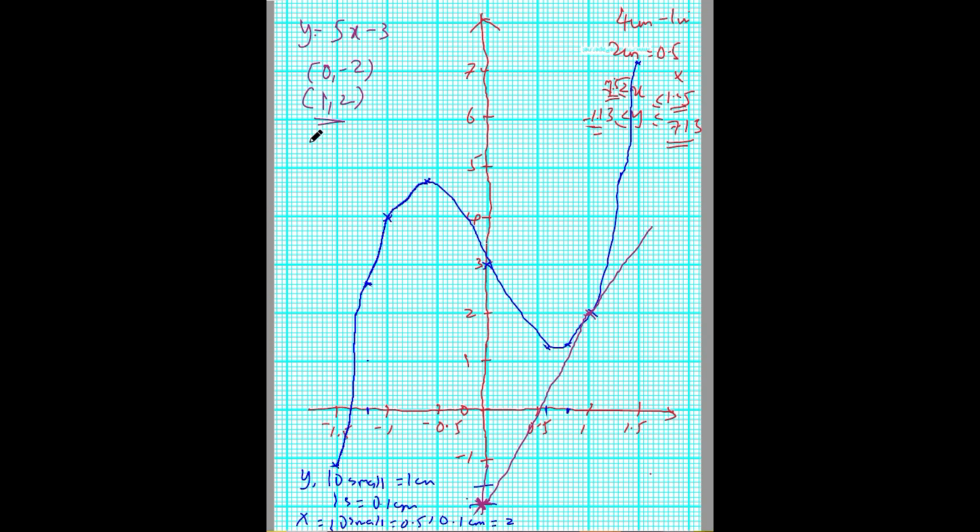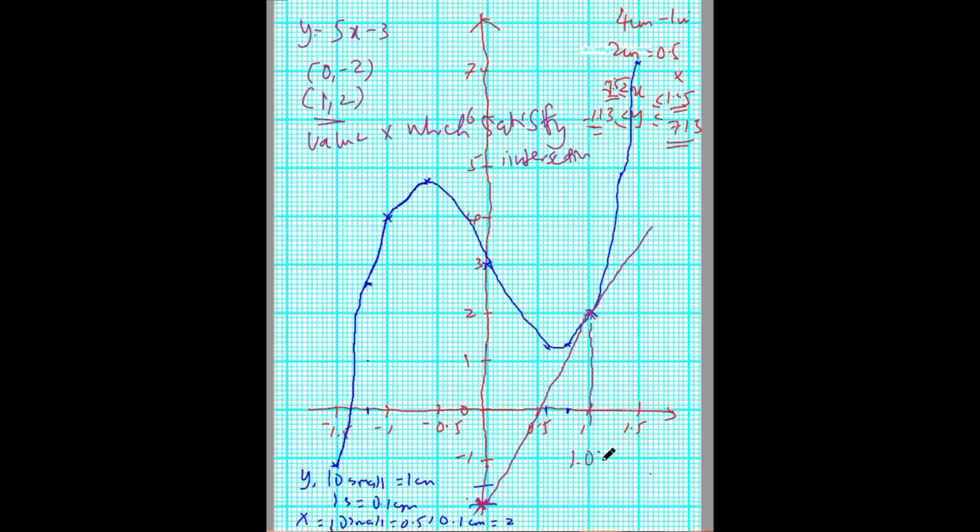And then the value x which satisfies the equation is the intersection of the two lines. So we can see the intersection is, so I get in between 0.95 and 1.